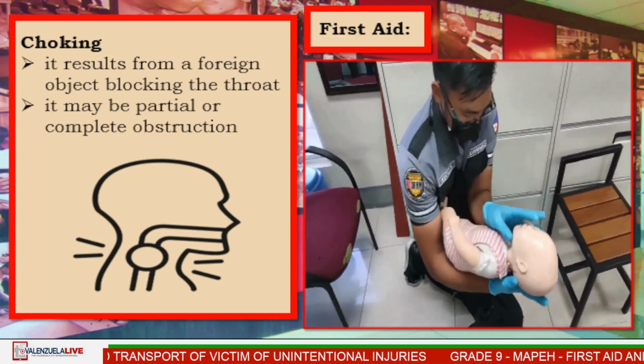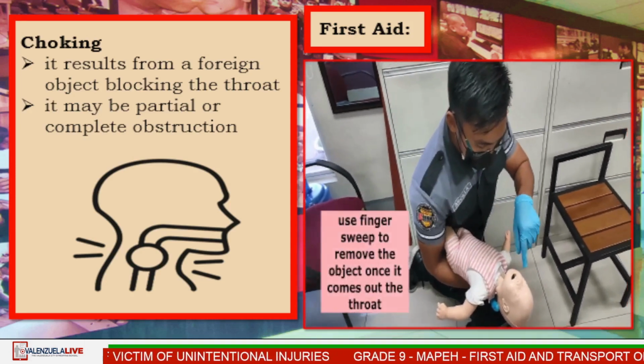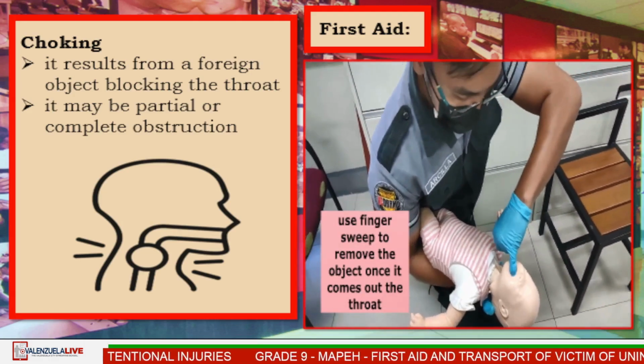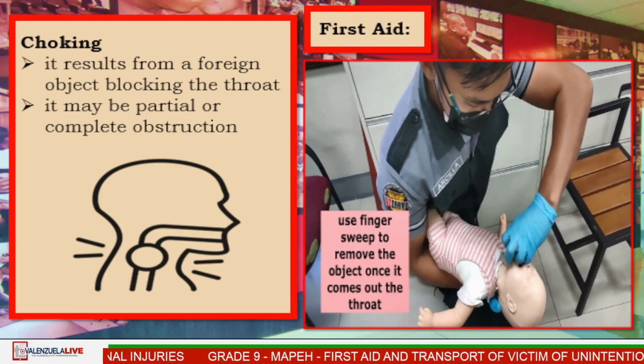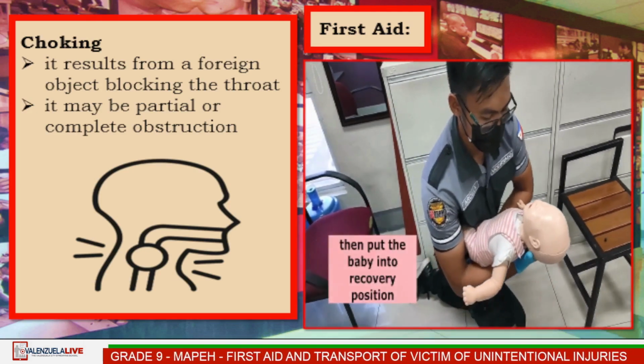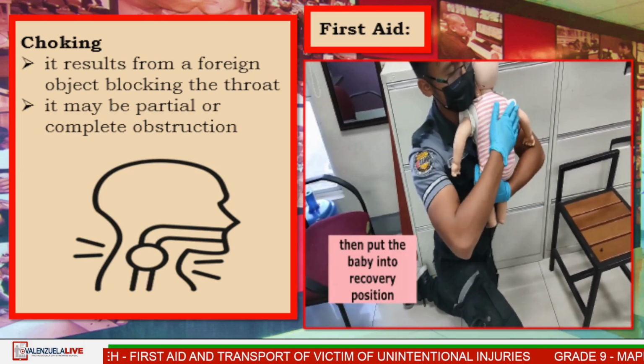Repeat chest thrusts and back slaps until the foreign object or food comes out. Get it from the mouth by finger sweep. Once the food or object is removed, put the baby into the recovery position.